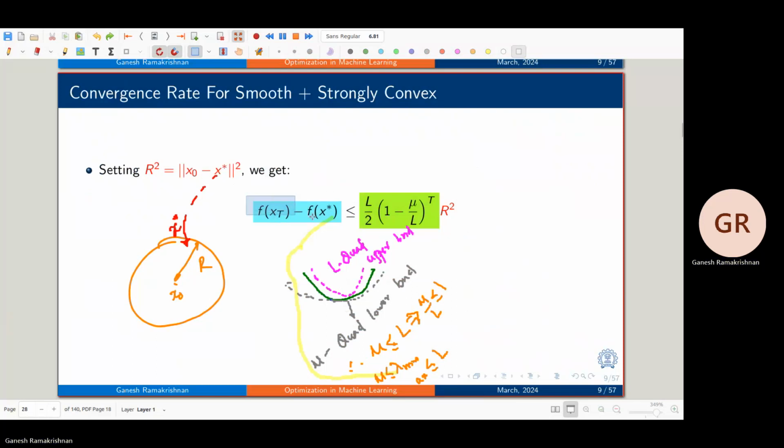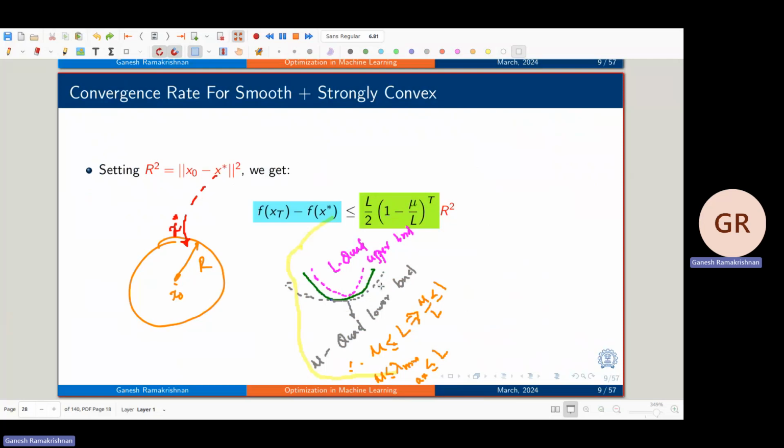We are saying that at the t-th step, you are within x star in terms of how nicely you are packed between the Lipschitz smoothness quadratic and the strong convexity quadratic.